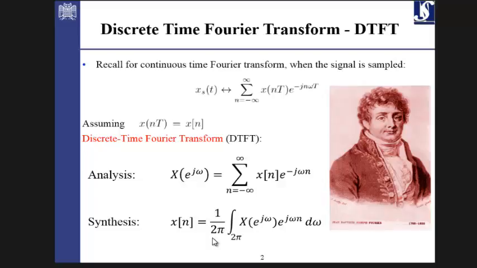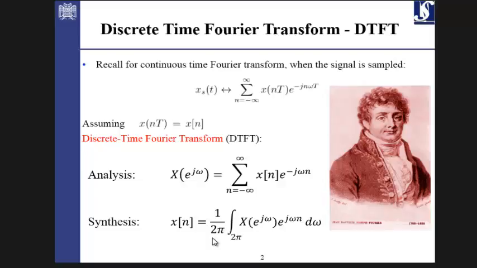So the discrete time Fourier transform. Discrete time Fourier transform is the representation of the signal in the Fourier or frequency domain using the eigenfunctions of e to the power of j omega n.